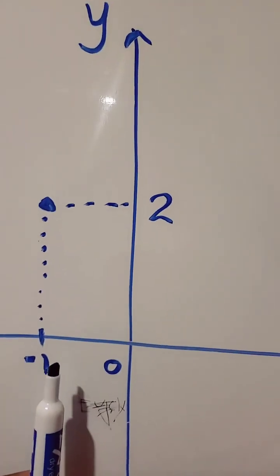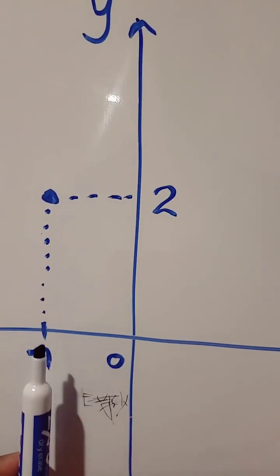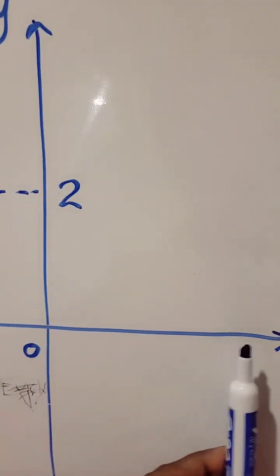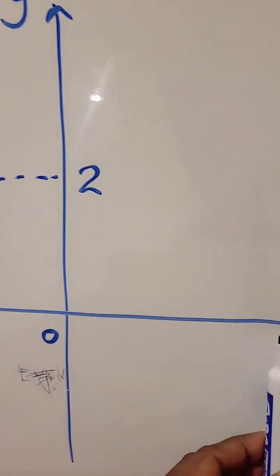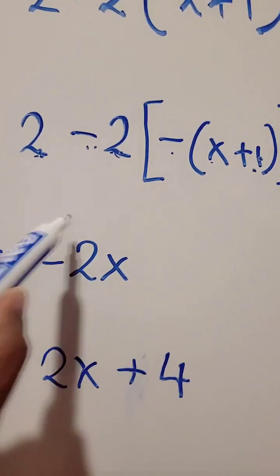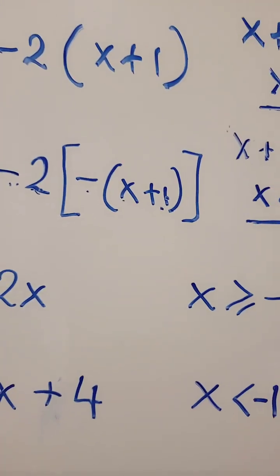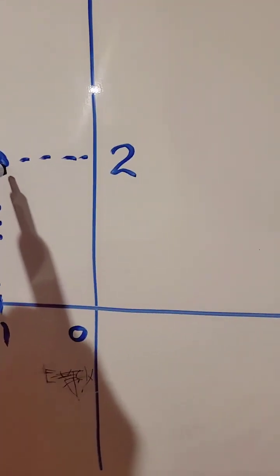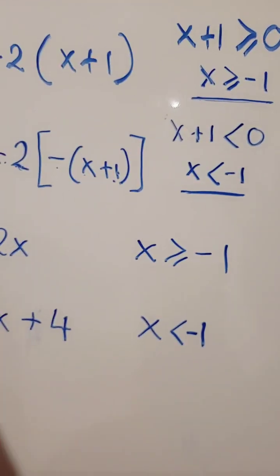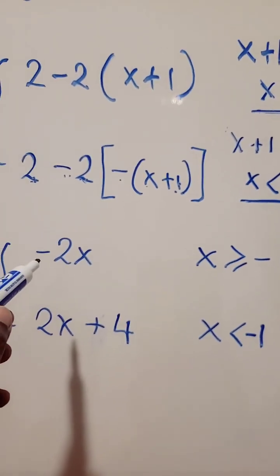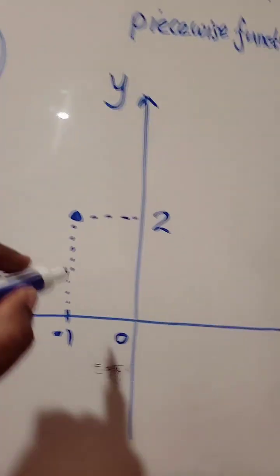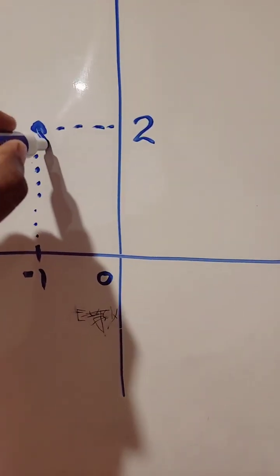When our x value is larger than or equal to minus 1, so that is on this side, we will have minus 2x as our function. Minus 2 is the slope, so we'll have a negative slope, a function with negative 2 as the slope going through the origin, because there's no y-intercept. So it's going to look like this.